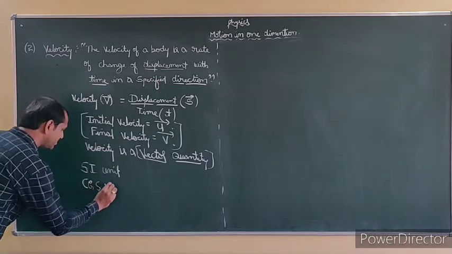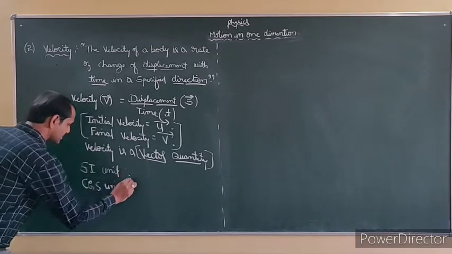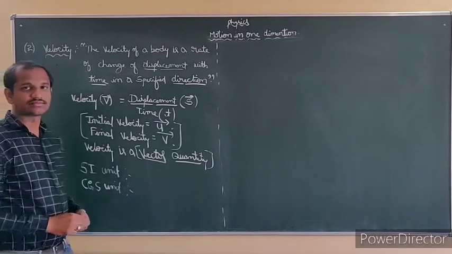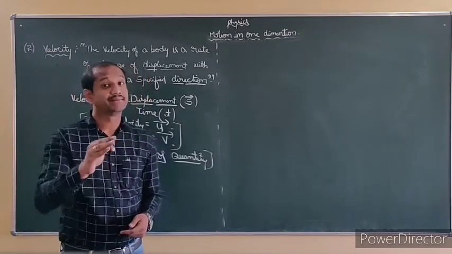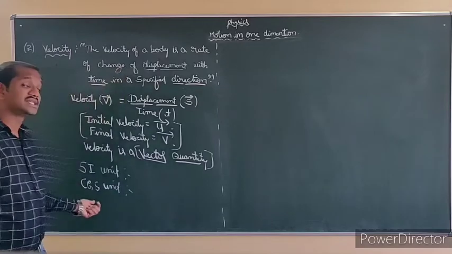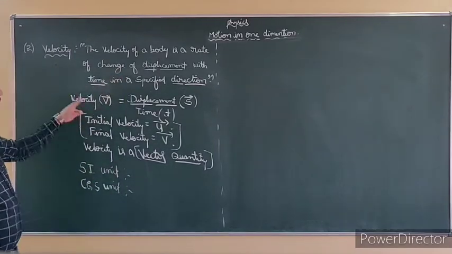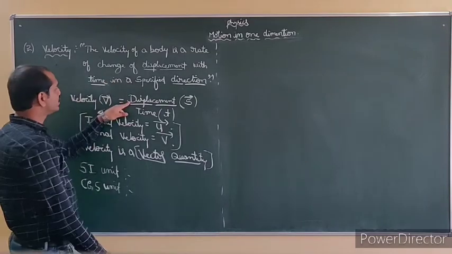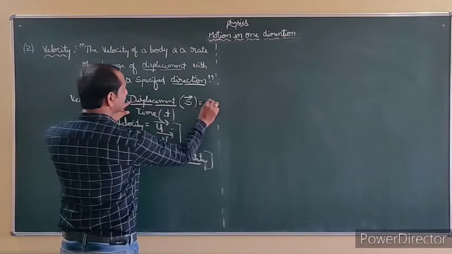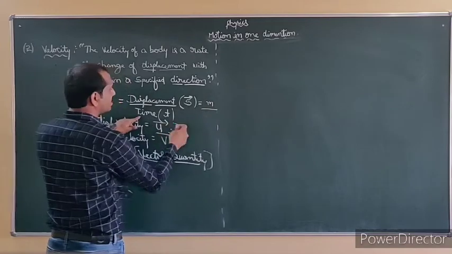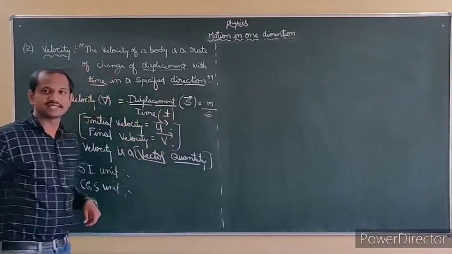In the case of speed, you remember what the SI and CGS units were? In the case of speed, SI was meter per second. What about the CGS for speed? Centimeter per second. Here let us quickly find out by using a formula. Now we know that displacement is measured in meters. What about time? In any system the unit is second.